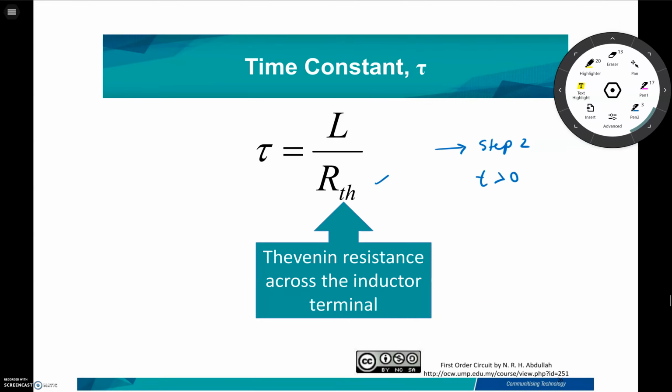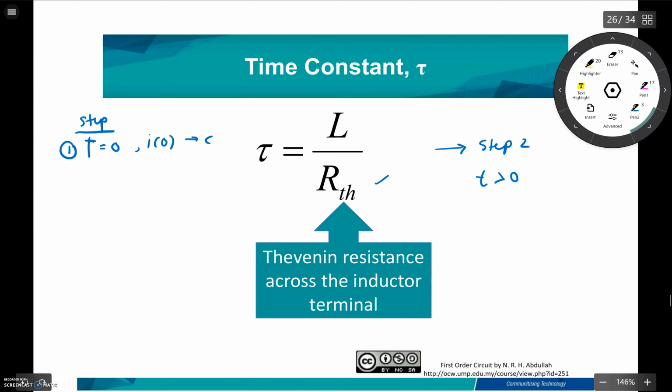The steps of the RL circuit will be: first step will be when t is equal to 0, and here you will determine the I naught.